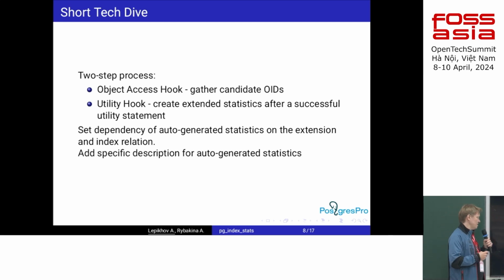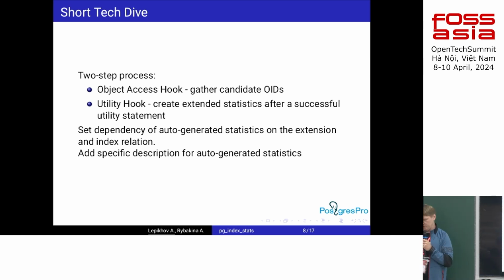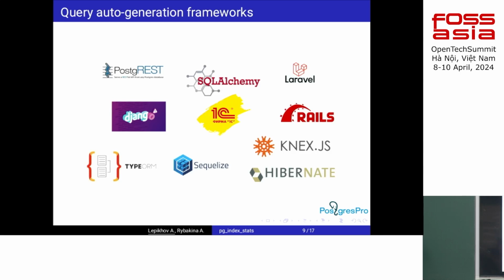And second step, after successful execution of the utility hook, we can already differentiate tables, types of tables, indexes, and so on, and we already know their names. And on the second stage, we create these statistics, set the dependency on the extension and on the index, and add a description for these statistics.